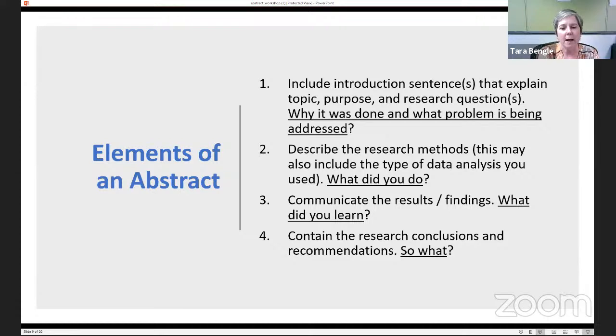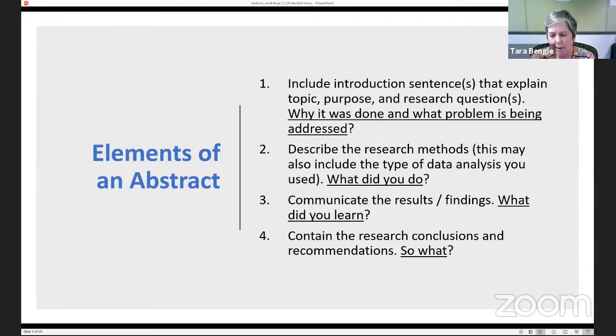So the elements of an abstract, and I touched on this briefly as I went over the characteristics of effective abstracts. The elements of an abstract include an introduction sentence, and that's where it explains the topic, the purpose, or the research question.